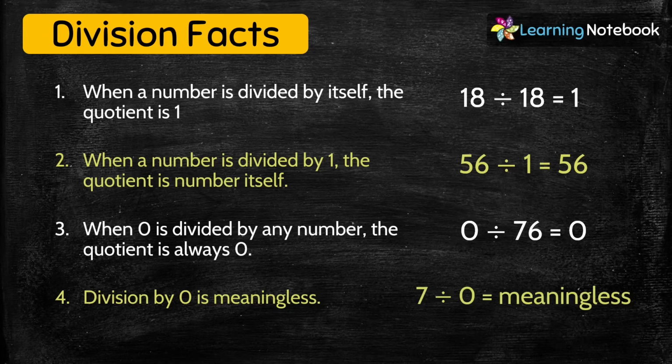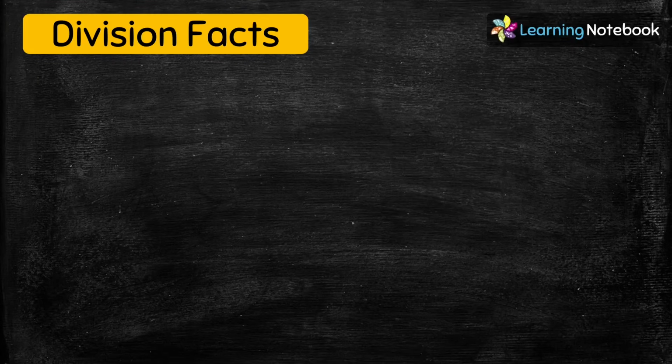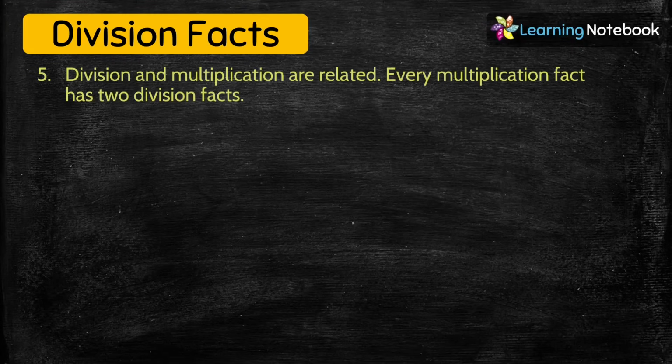For example, if we divide number 7 by 0, it will be meaningless. And the last division fact is, division and multiplication are related. Every multiplication fact has two division facts.